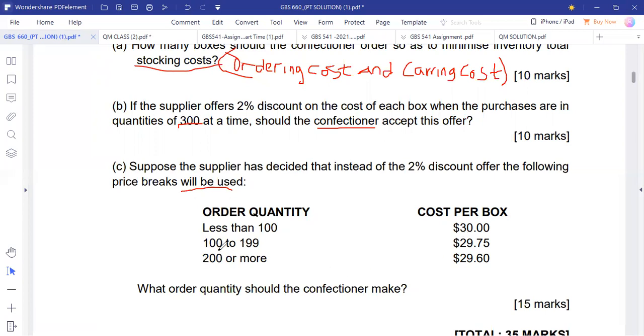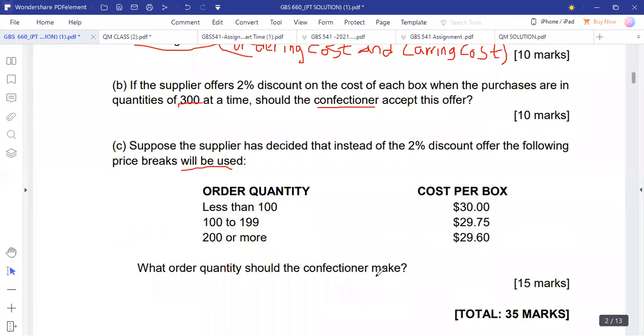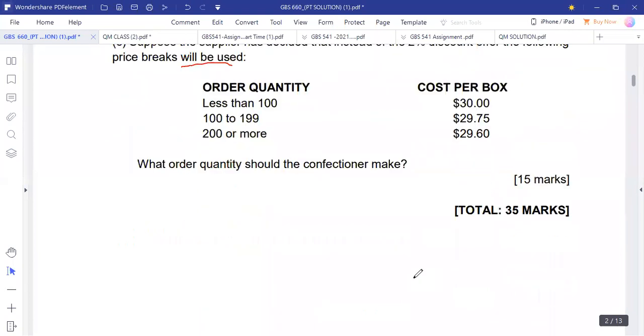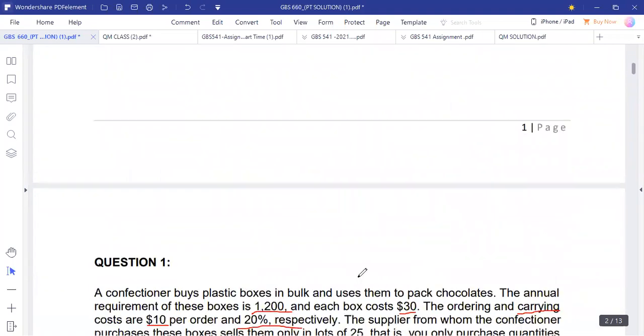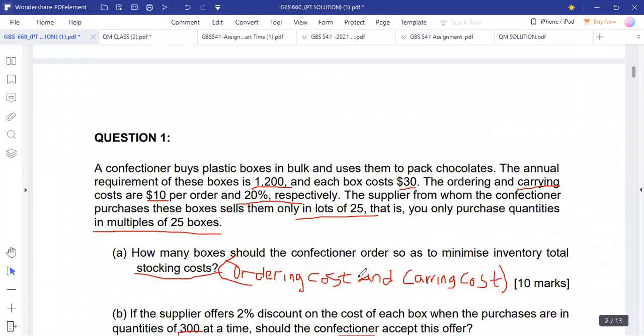Should we order between 100 and 199, the price reduces a little, to $29.75. Should we order 200 or more, the price goes down again to $29.60. Then what order quantity should the confectioner make? So this marks the end of the first part of the question that we need to look at.